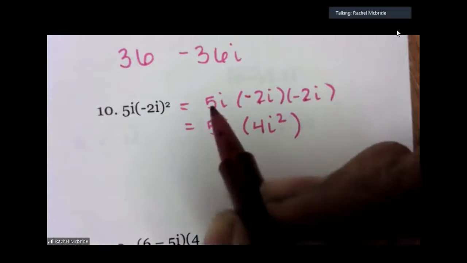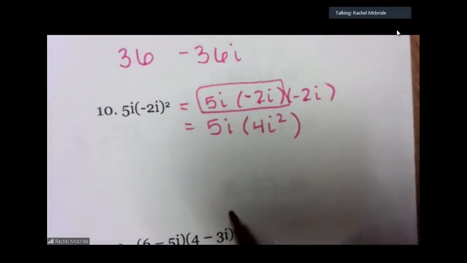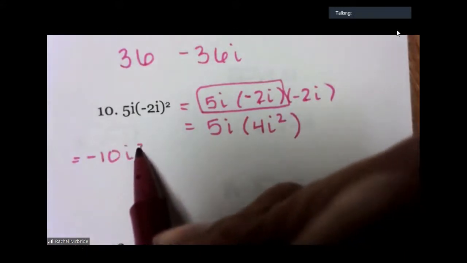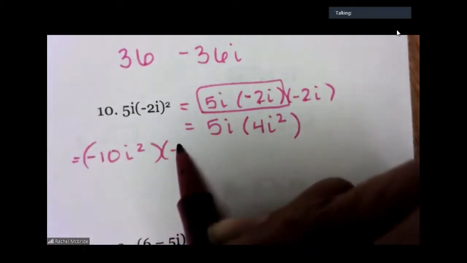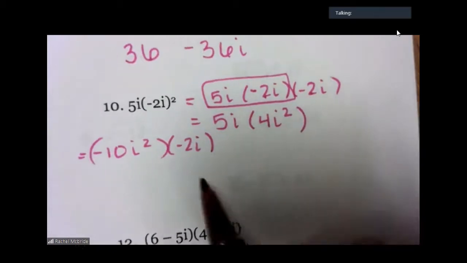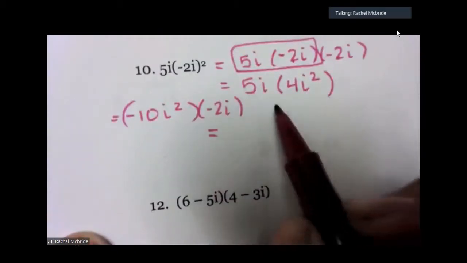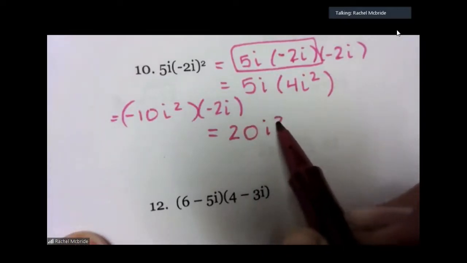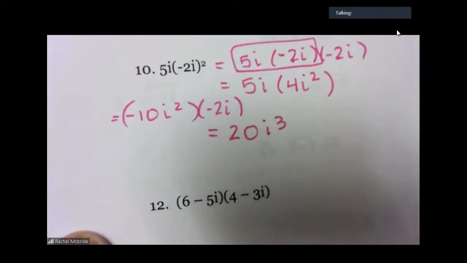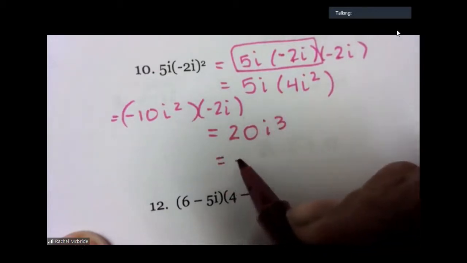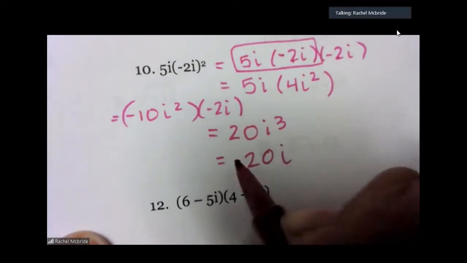You could also have multiplied these two together first. It doesn't matter. Either way, when you do your next line, you're going to get 20i cubed which is negative 20i.